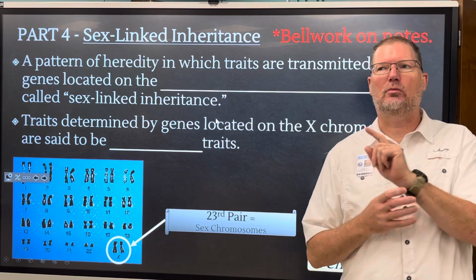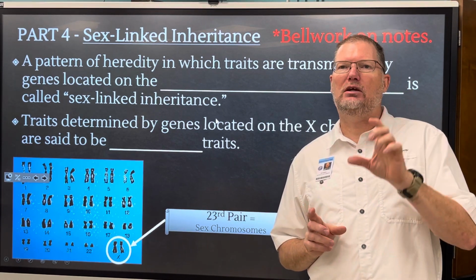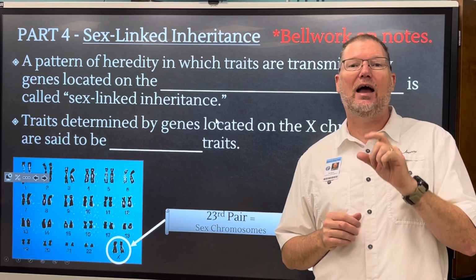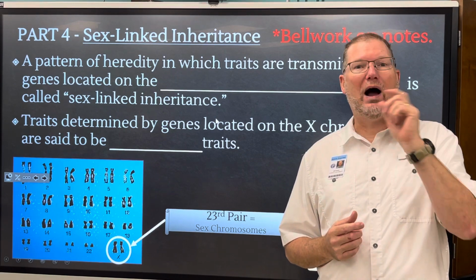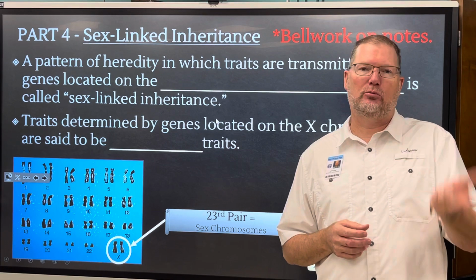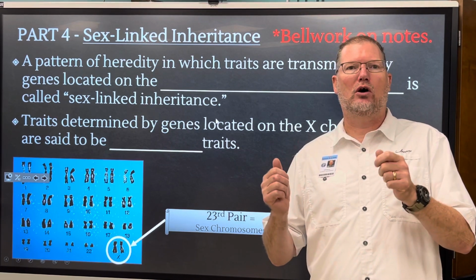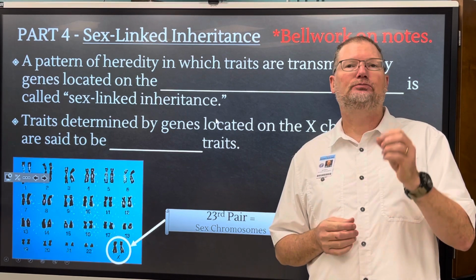So this determines whether you get a gene, a trait for something, that is either on the X chromosome from your mom, or the Y chromosome from your dad if you're a boy, or the other X chromosome from your dad. Because remember, it's the sperm that determine whether you are a boy or a girl when you're born, biologically.